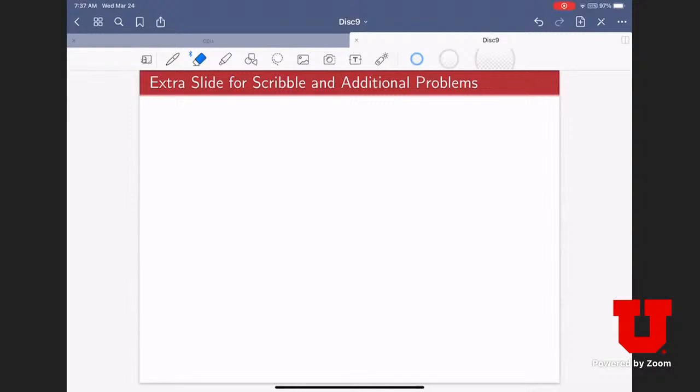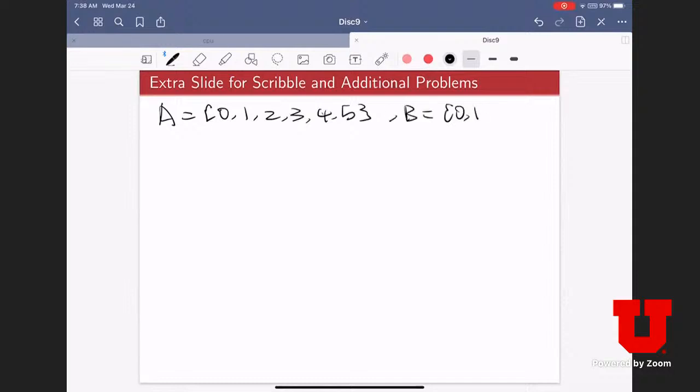if we look at question 5, we're given two sets, A is 0, 1, 2, 3, 4, 5, and B is 0, 1, 2, 3. So the first claim is that there is no possible function f from A to B that is 1-to-1.